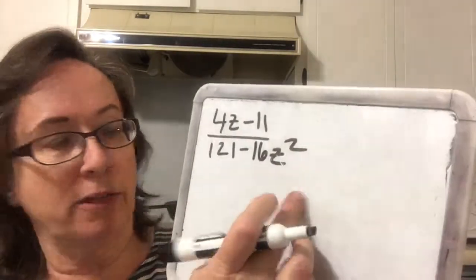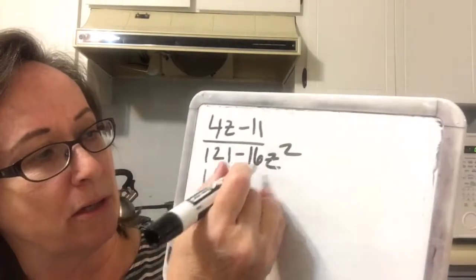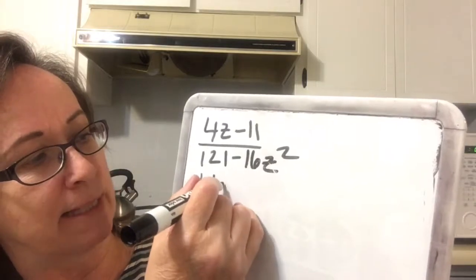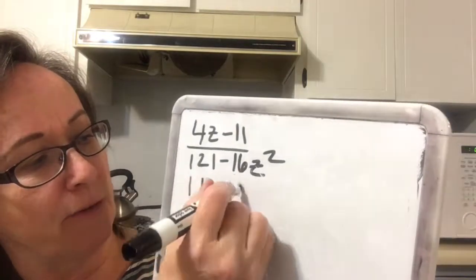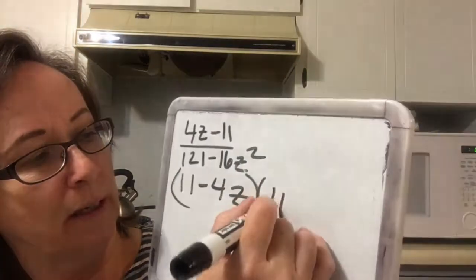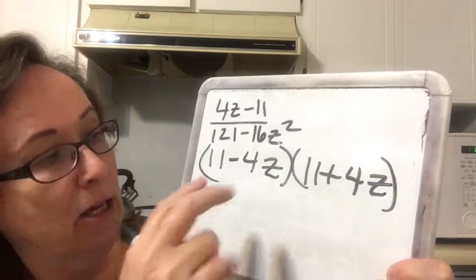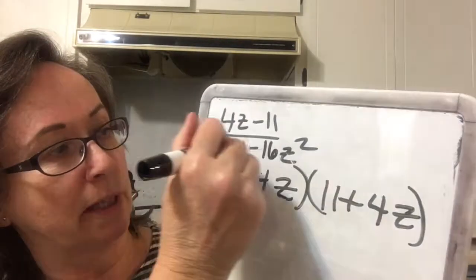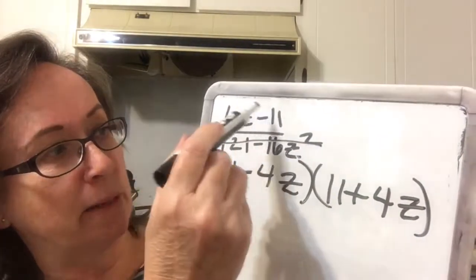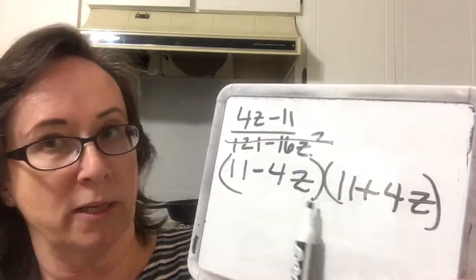Okay, so along that vein, we're going to factor the denominator, this is a difference of 2 squares. So we're going to factor it as 11 minus 4z, 11 plus 4z. Okay, so now we're done with that one. Now 4z minus 11 is the negative of 11 minus 4z.